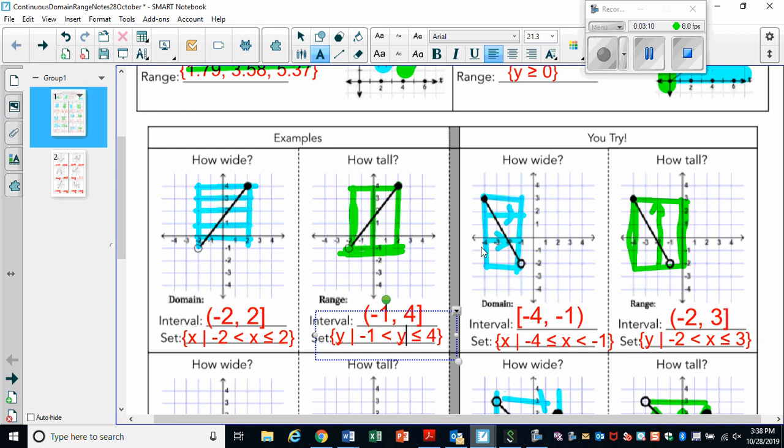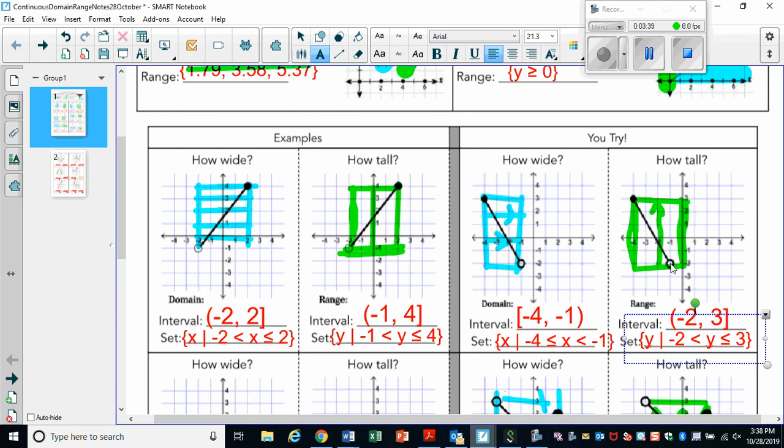Now for this next problem, again, look at our width. It goes from -4, we include -4, to -1. Remember, we read from left to right. And then the set interval is -4 less than or equal to x, less than -1. And then our range, again, range, how tall? Look from the bottom. We read from bottom to top.